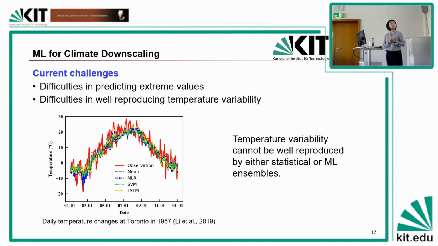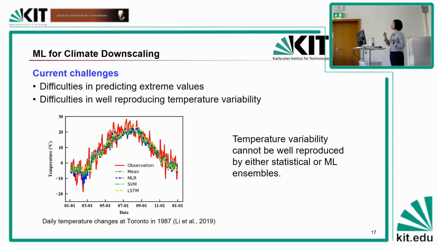The second difficulty we've been having is it cannot really well reproduce the variability. So here is an example, temperature throughout the year. You can see the red is the observation, the fluctuation is always there. But if you use machine learning to try to predict the daily temperature, it always tends to predict sort of the average value.